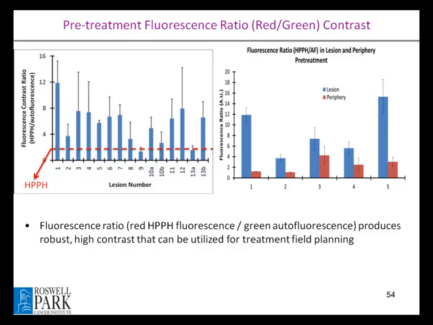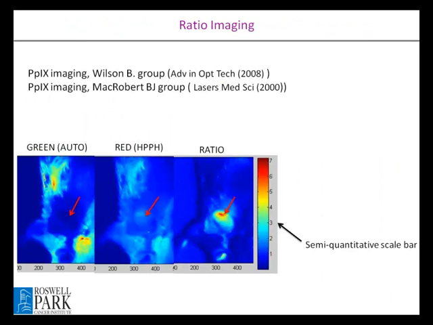But when you divide the HPH by autofluorescence, we see a much better contrast. So this will be good for visual guidance. I just gave some examples from 5 patients, between the lesion versus the periphery. So this ratio imaging can be useful.